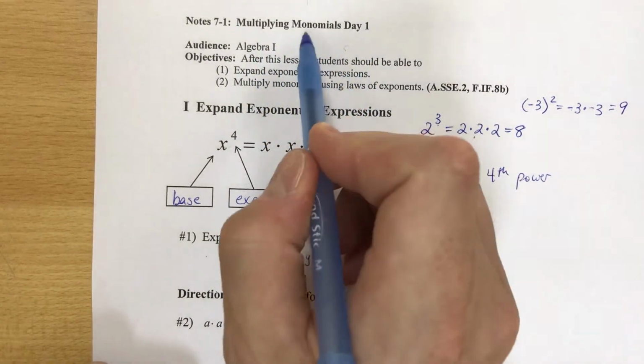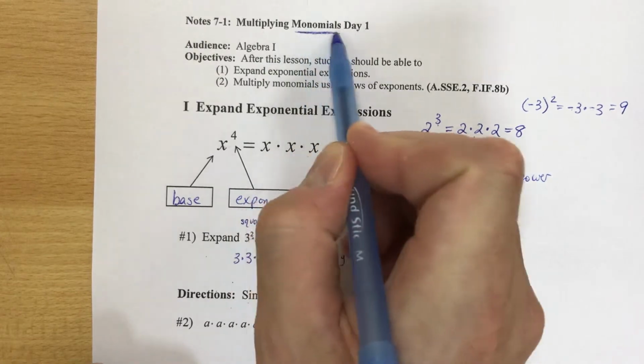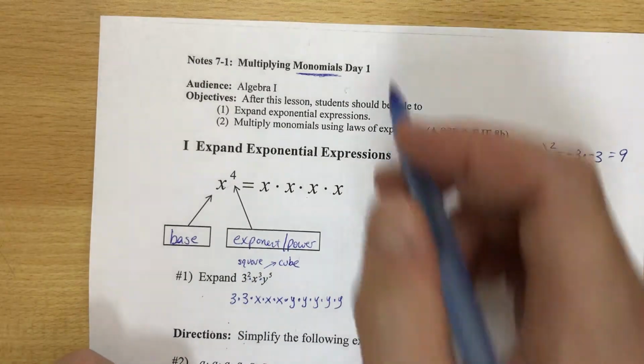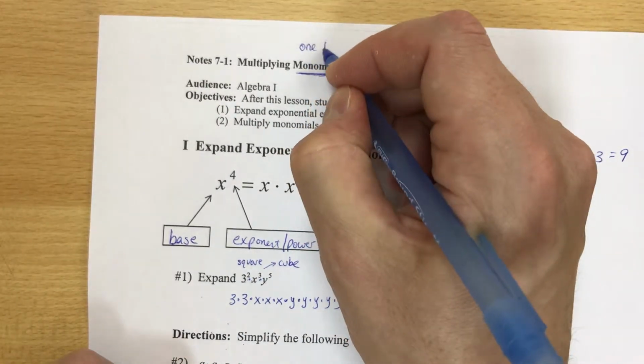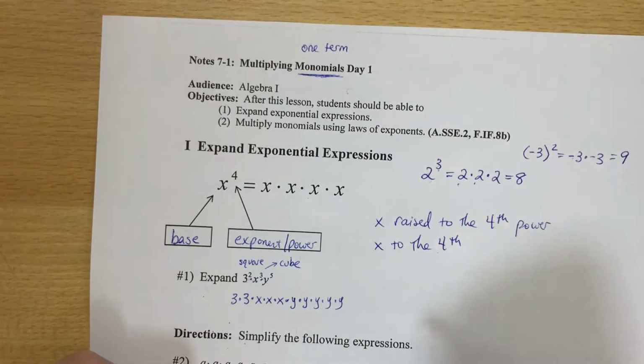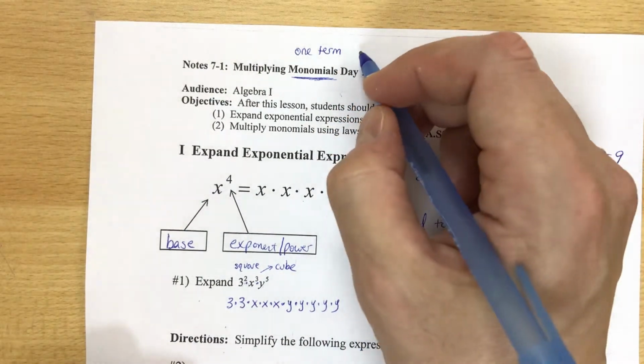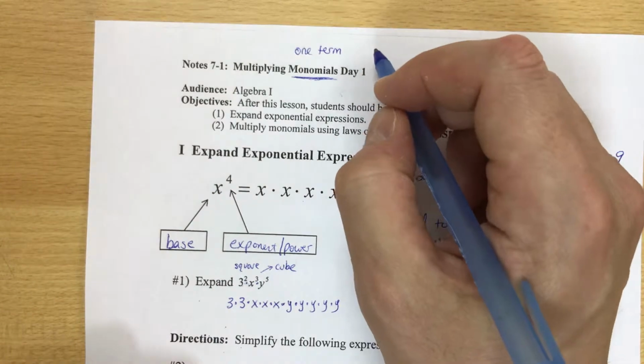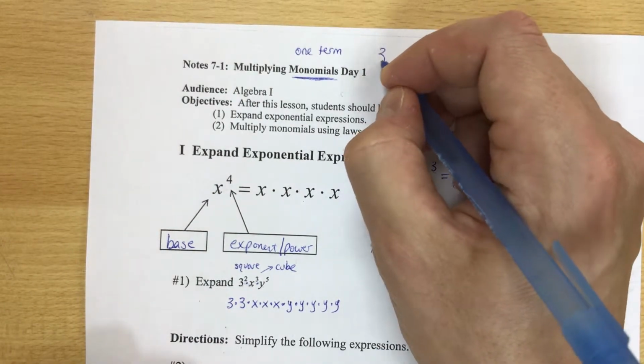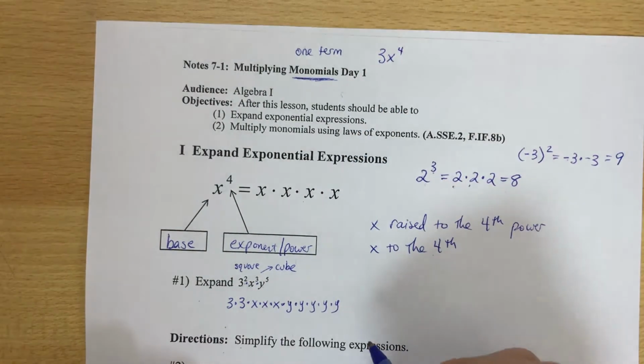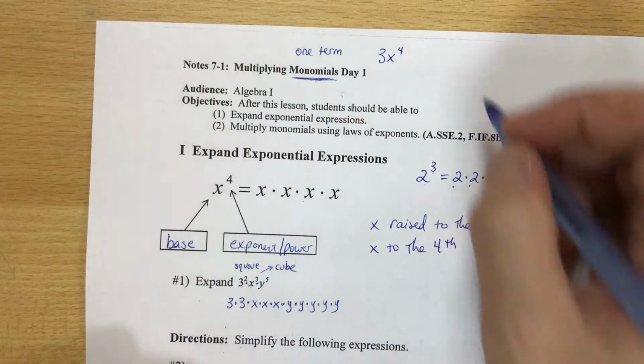It says multiplying monomials. Mono means 1. A monomial is basically one term with some combination of variables and exponents. So for example, 3x to the fourth is a monomial.